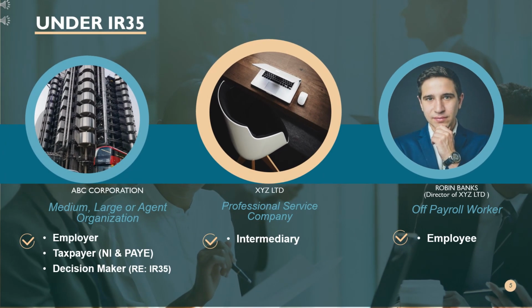Now, let's put this into perspective. Let's say your company XYZ Limited gets a contract or agrees a contract with ABC Corporation. They are a medium or large organization or even an agency, and you are the director. The director is Robin Banks. Let's say Robin Banks does some work for ABC Corporation.